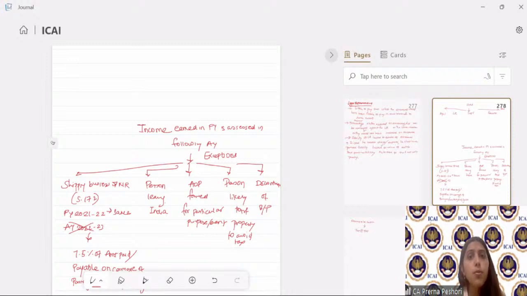Namita, 164 is part of trust taxation and that would have already been covered there, right? That is a huge topic in itself. That is for the discretionary trust. Any other doubt if you have?